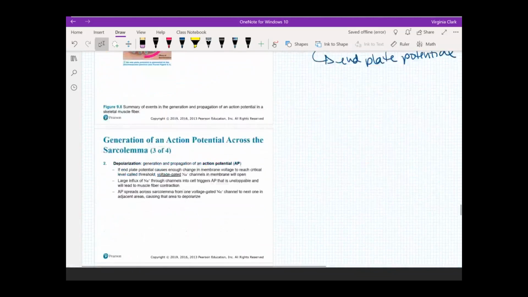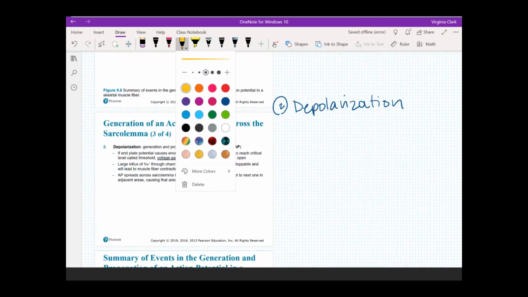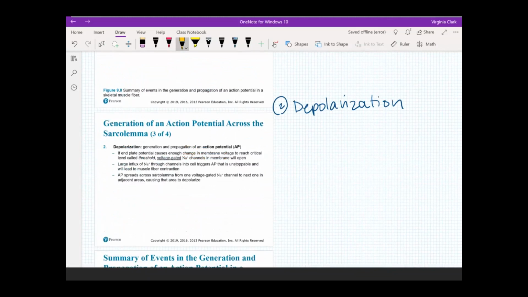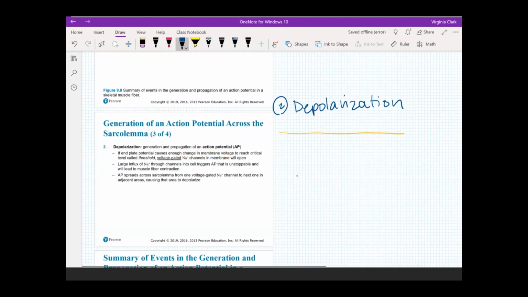The second part is going to be continued depolarization. As we have our end plate potential at our neuromuscular junction, we're talking about this lovely connection from our neuron to our cell. We have done everything right there, but now we're going to depolarize.